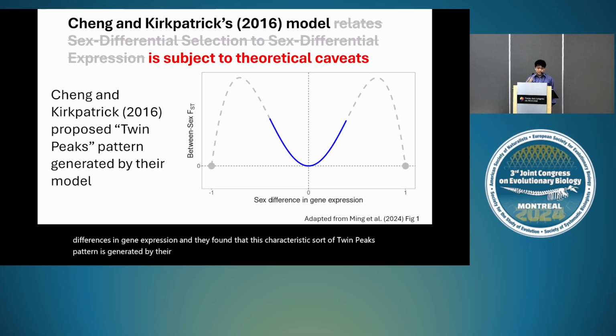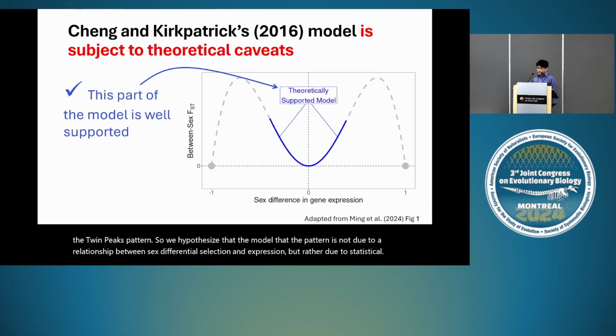However, we think that there are some theoretical caveats which haven't been considered up until now, which affect how we interpret the model and the Twin Peaks pattern. So we hypothesize that the pattern is not due to a relationship between sex differential selection and expression, but rather due to statistical artifacts.